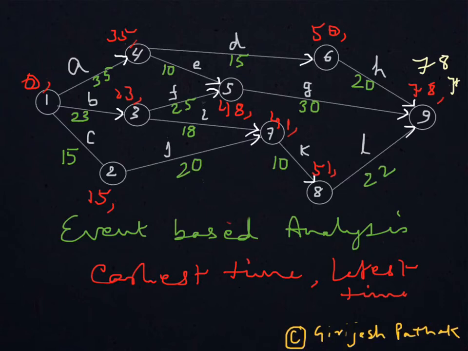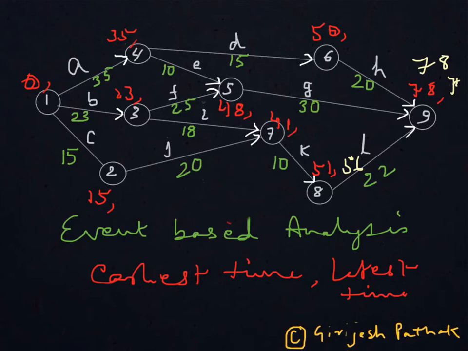So the latest time will be 78 minus 22, that is 56. That is, even if we are on node 8 by 56 days, you are getting 22 days' time for L to get over before 78.